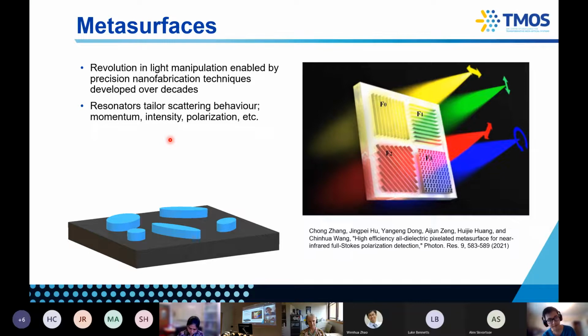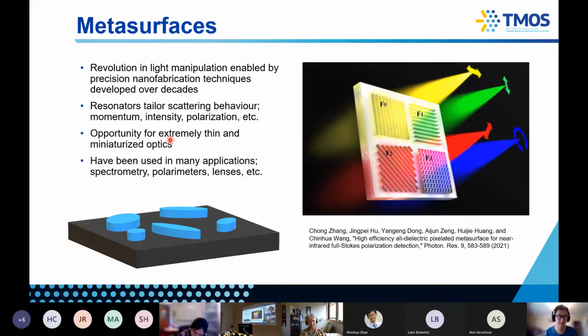And many people believe that this will revolutionize optical components in the future and really has been enabled by precision nanofabrication techniques developed over decades. And as I said, it will give opportunity for extremely thin and miniaturized optics.